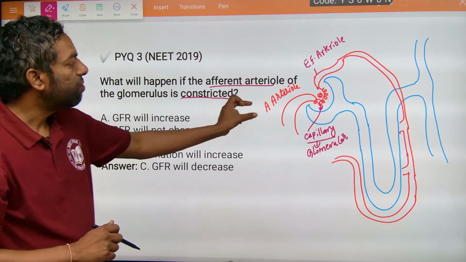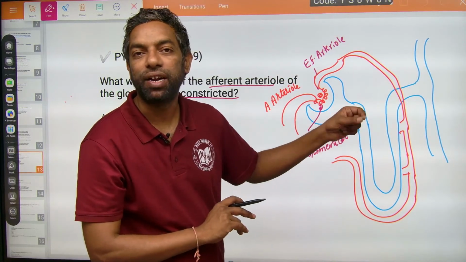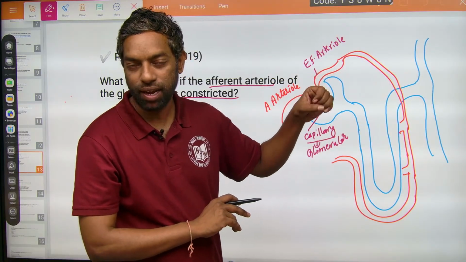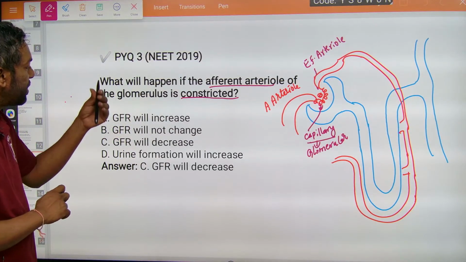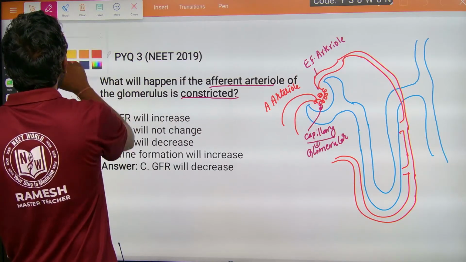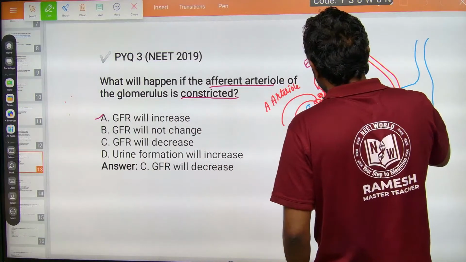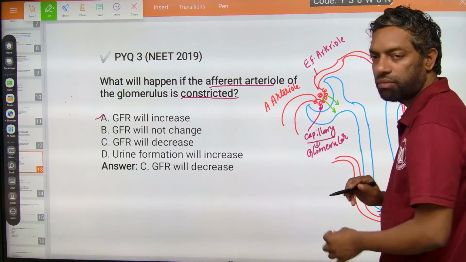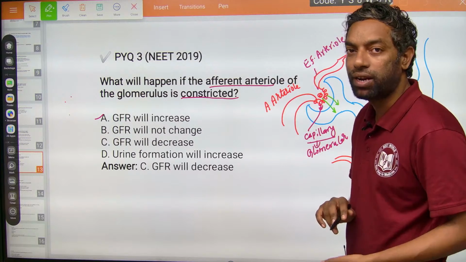If the size decreases, what happens if the size of the efferent arteriole decreases? Meaning constricted, not relaxed like dilated. So GFR will increase. Glomerular filtration rate is what? Pressure created from here to here. If pressure is created, the glomerular filtration rate will increase.